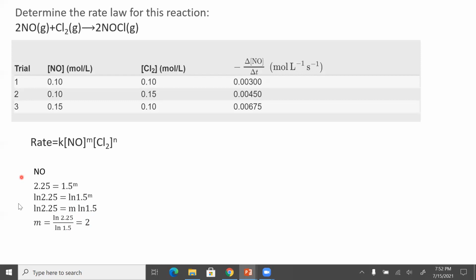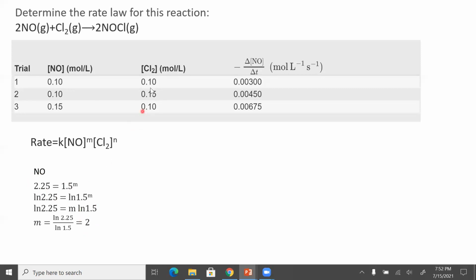We would have to do this if when we look at these numbers, it's harder for us to figure out what the order is. If you can't just look at this and figure out what M is, this is the path you need to go through. We figured out that nitrogen monoxide is second order.